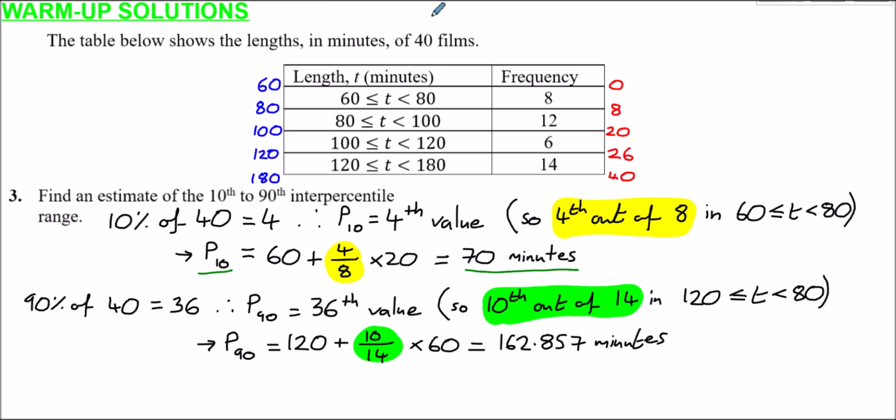So now we've got estimates of P10 and P90, we can work out the 10th to 90th interpercentile range.